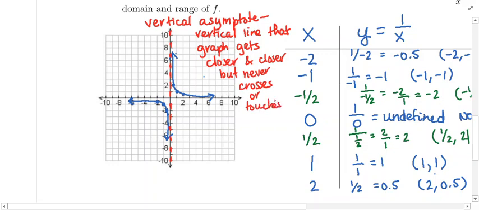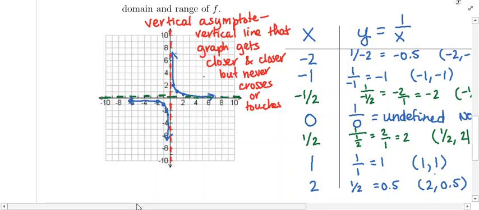Okay, now if you notice, there's a similar thing going on with the x-axis. Okay, I'm gonna put it in a dotted green line. Okay, so hopefully you can see that. The graph is also getting closer and closer to the x-axis, but never crossing or touching it.